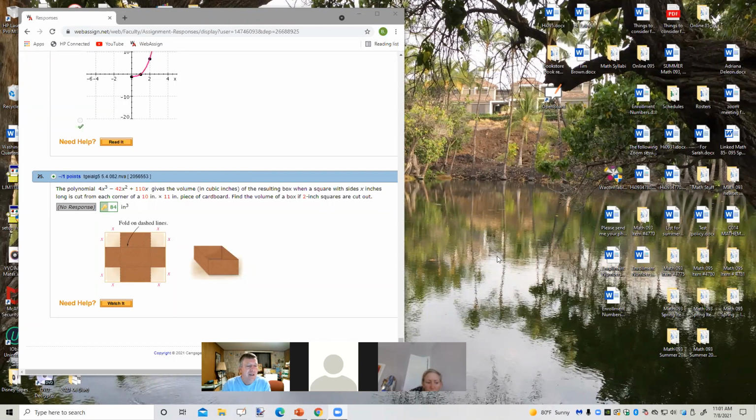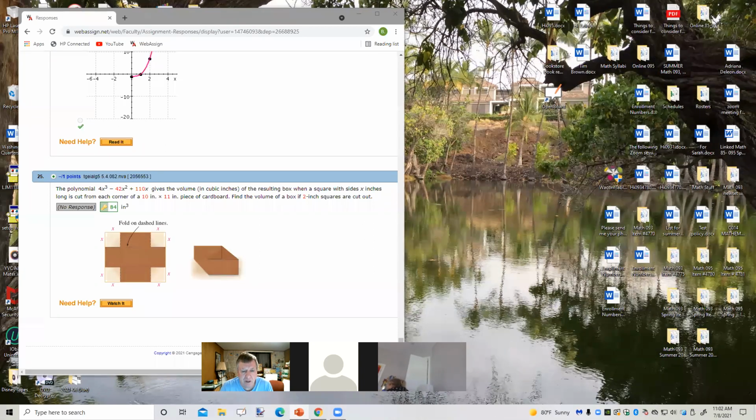All right. So problem 25. So this is section 5.4, number 25. The polynomial 4x cubed minus 42x squared plus 110x gives the volume in cubic inches of the resulting box when a square with sides x inches long is cut from each corner of a 10 by 11 piece of cardboard.